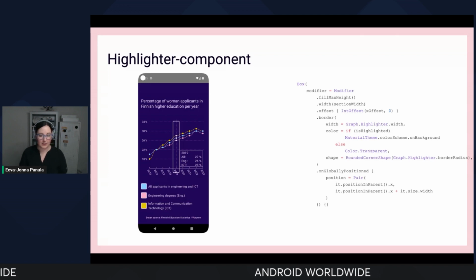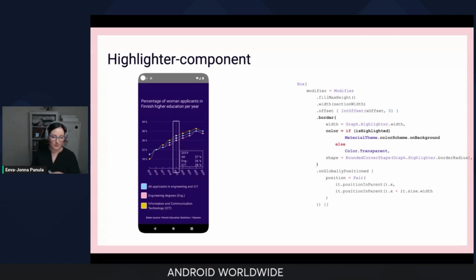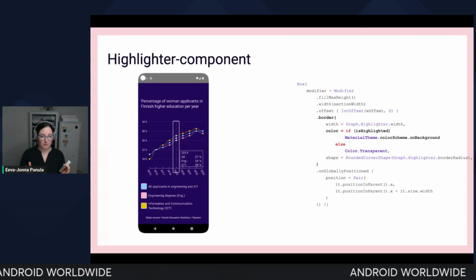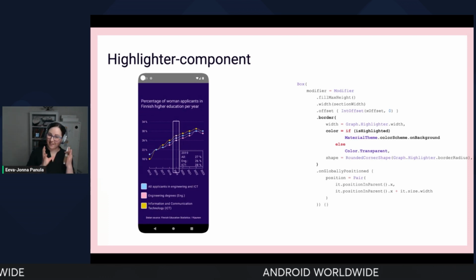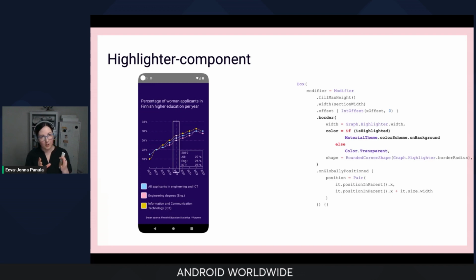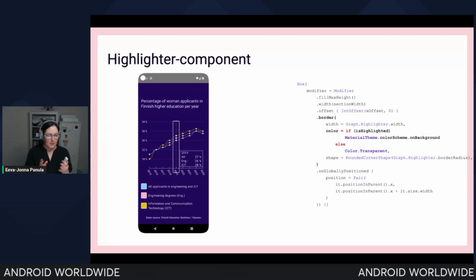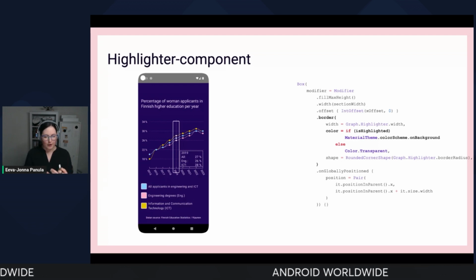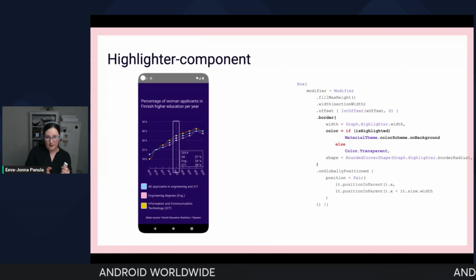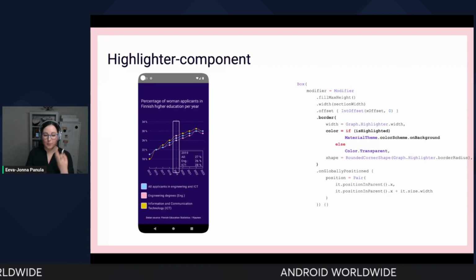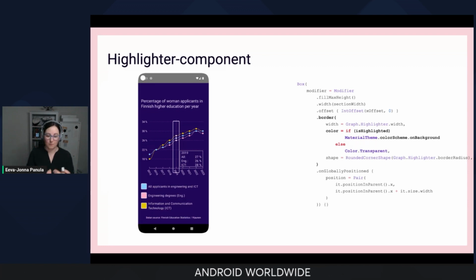But a couple of things I want to talk about is first the border. So we are defining the border to highlight the currently highlighted year. There are lots of highlights in this talk. But yeah, so the border here. If the current year is highlighted, the thing that we defined in the previous step, we want to set the border color to be, in this case, Material theme color scheme on background.